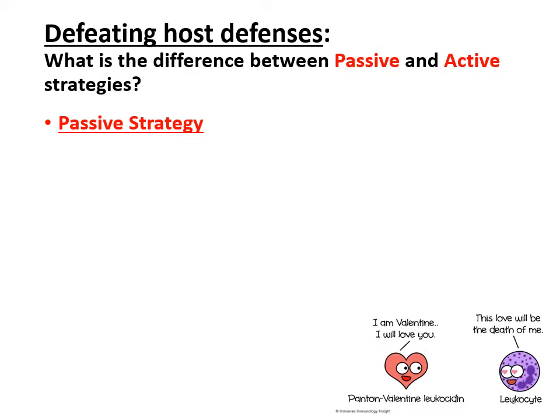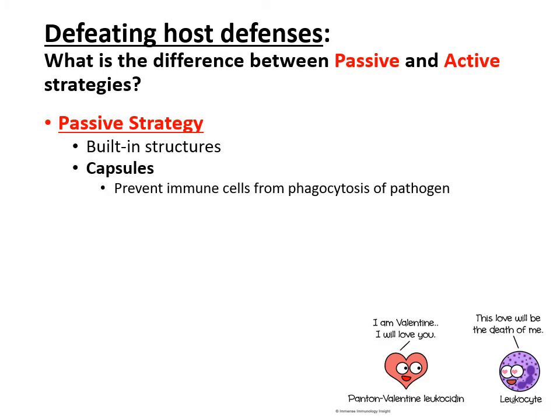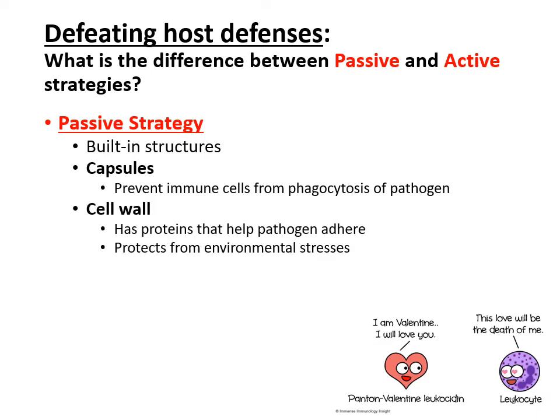They already have it. So passive would be built-in structures on the bacteria to protect them, such as capsules, which can physically block what you're throwing at it, or help prevent any of your immune system cells from eating them up, which is phagocytosis, or their cell wall, which again physically blocks your immune system's targeting, but also has proteins that help them to do what they need to do in your body, and that can be toxic or dangerous to your body to help protect them further.